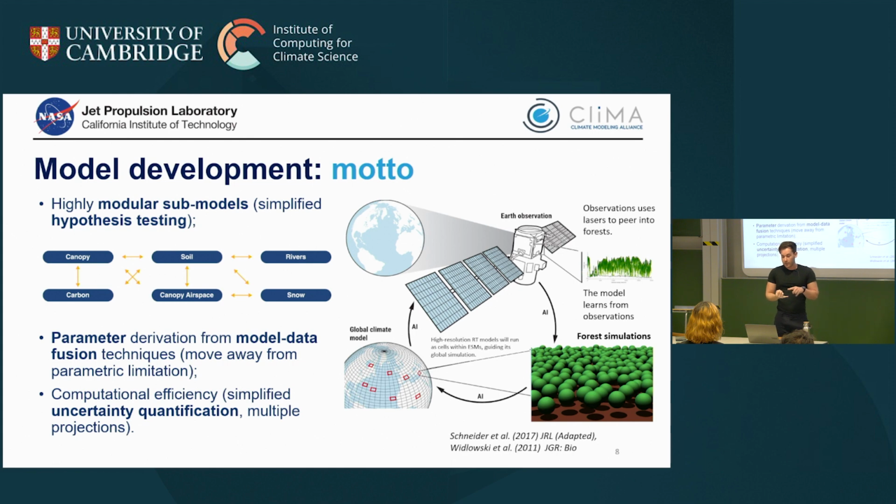We can also derive parameters from model data fusion. Yesterday we heard about Bayesian techniques, and we use some of that in CliMA-Land, so we move away from the parametric limitation of lookup tables. And then there's the computational efficiency. Julia can run on GPUs quite easily, so we can simplify uncertainty quantification and also allow for multiple climate projections by perturbing parameters.